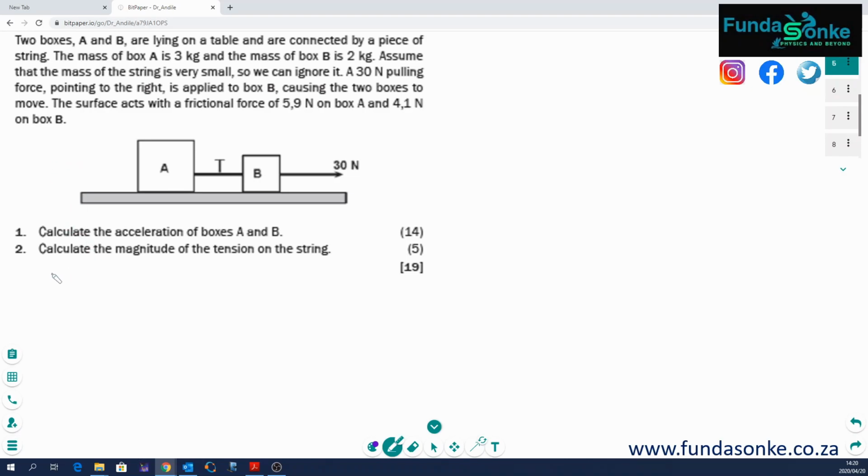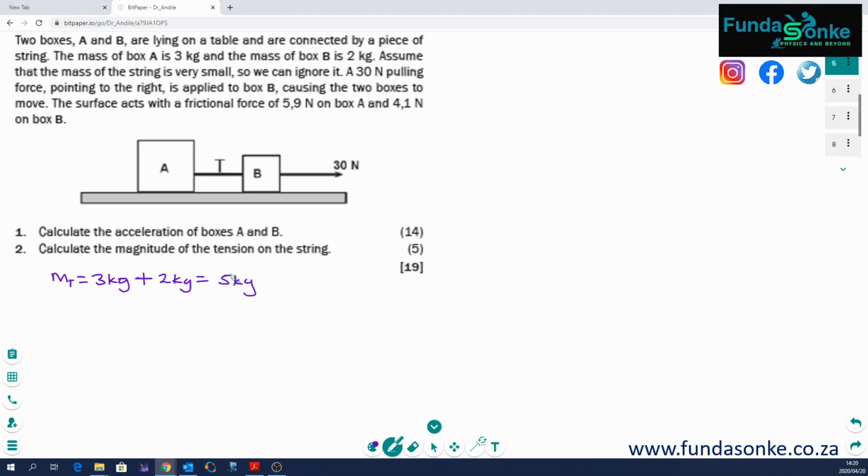So our total mass, in this case, we're going to call it M total, will be equal to the 3 kgs, which is box A, plus the 2 kgs, which is box B, which will give us a mass of 5 kgs. Okay, so that is the total mass that we have.